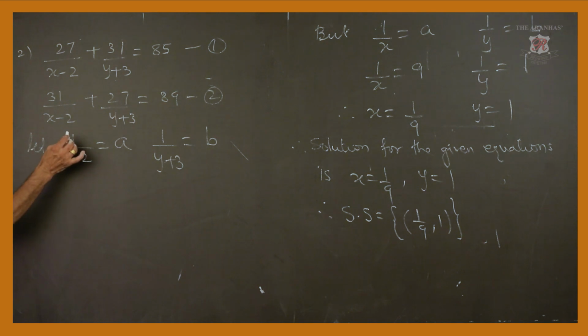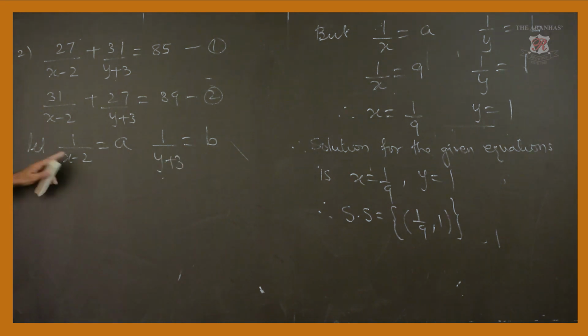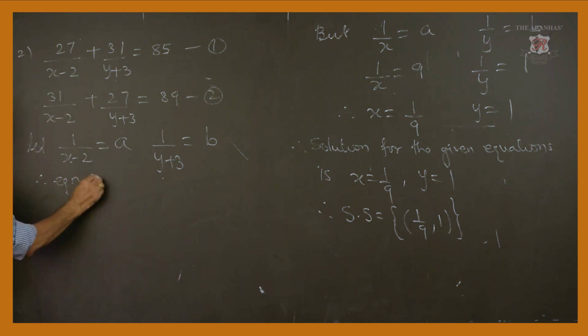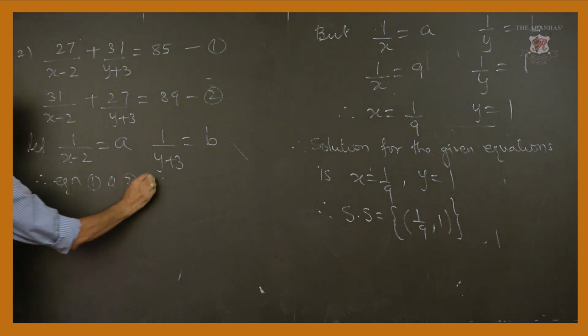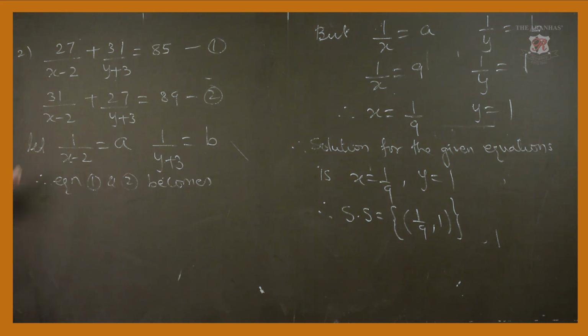Now, once you choose 1 upon x minus 2 as A and 1 upon y plus 3 as B, see how these equations now get reduced. So your equation 1 and 2 becomes, now see, 27 upon x minus 2.